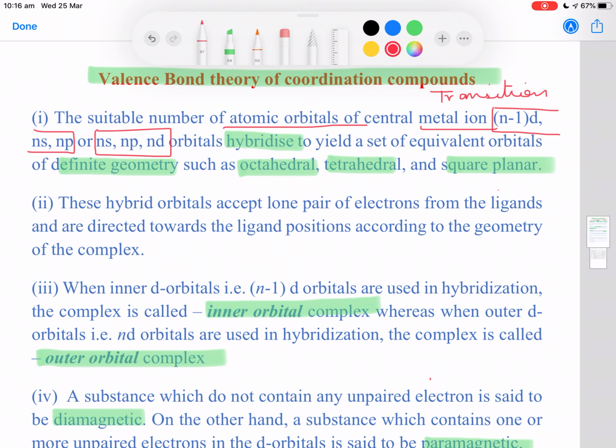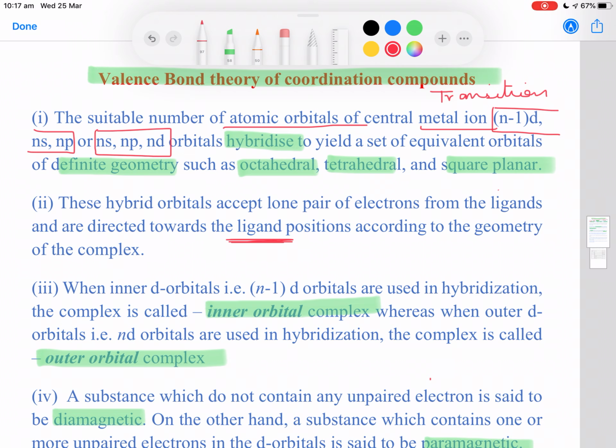But what is the difference and how do I understand which set of orbitals will participate in the process of bonding? That purely depends upon the nature of the ligands. Very important point.